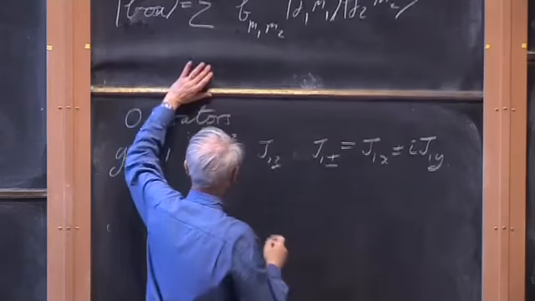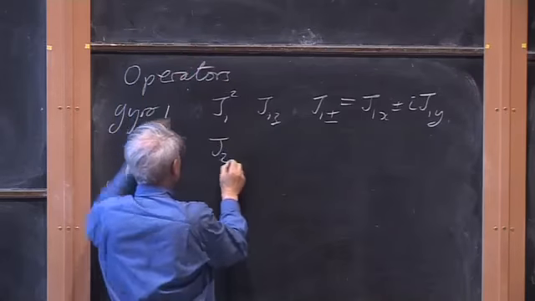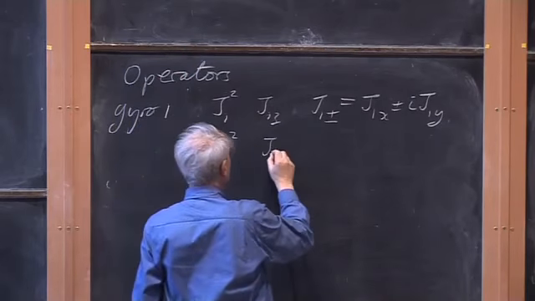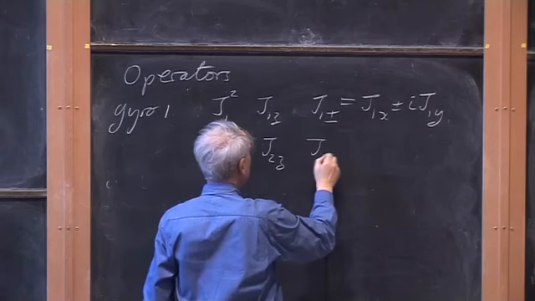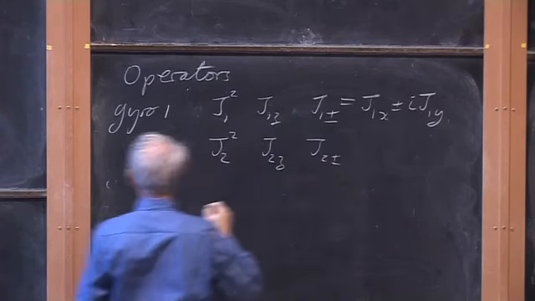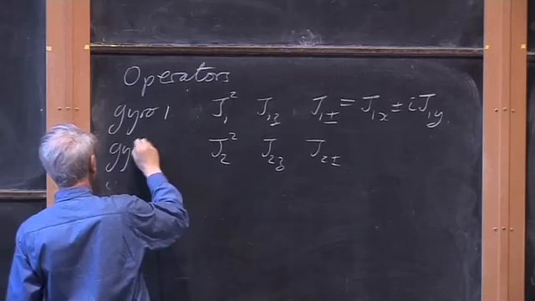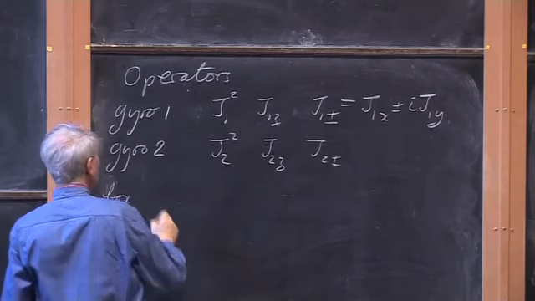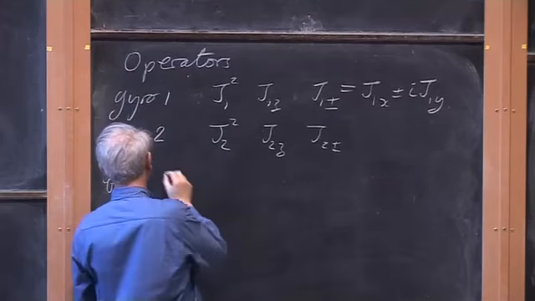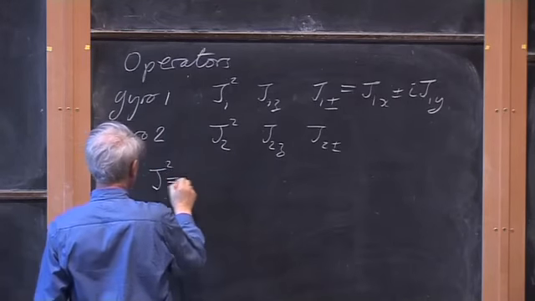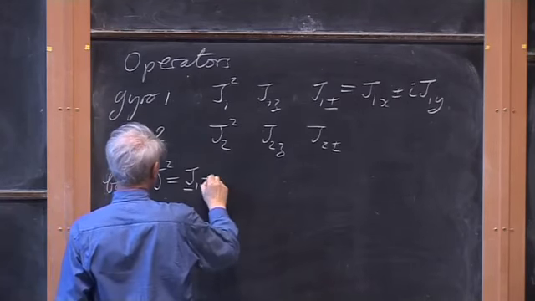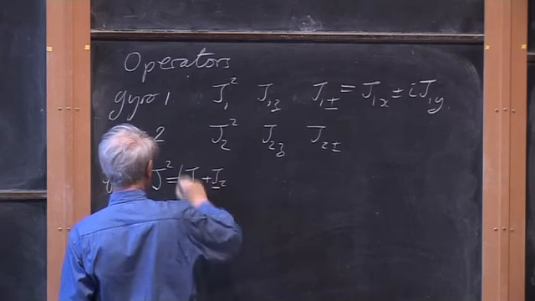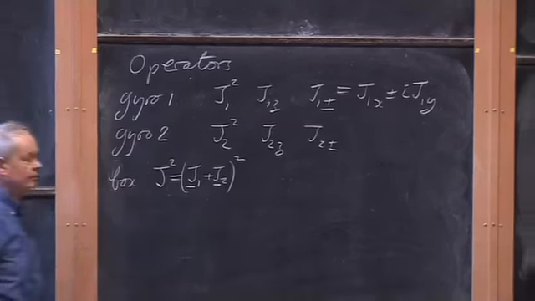And of course, we will have the same kit of operators for the second gyro. And then for the box, we will have J squared, which will be (J1 vector plus J2 vector) squared.